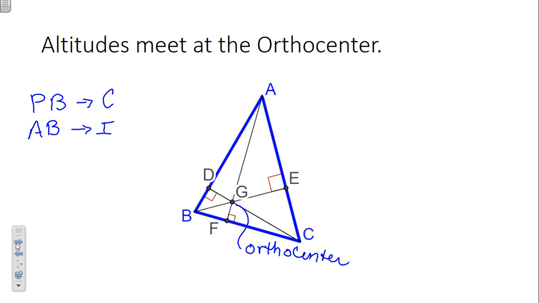It starts with an A and has a vowel. The median had a centroid, consonant, consonant, and the altitude, orthocenter, vowel, vowel. So find some way to make these make sense to you. Questions on this one?